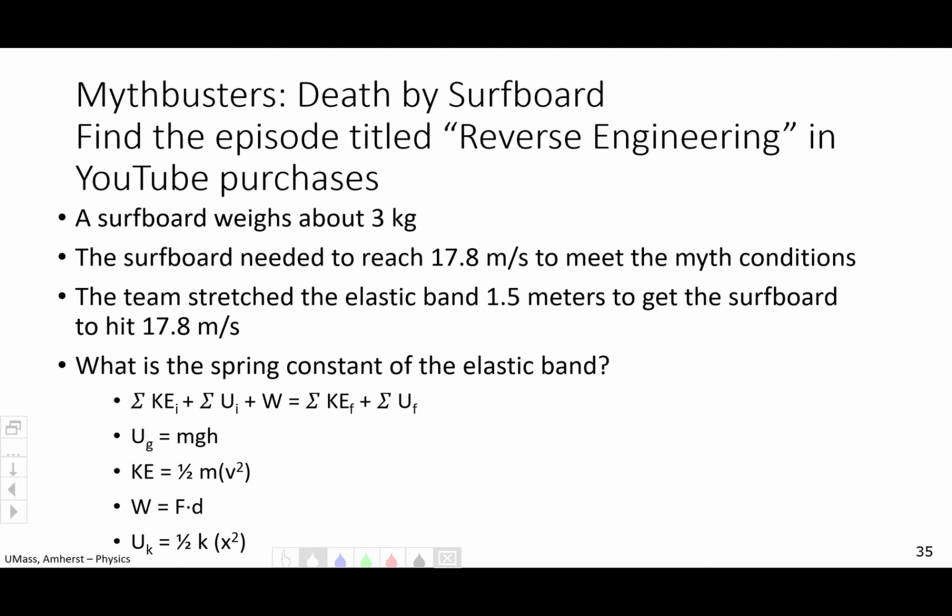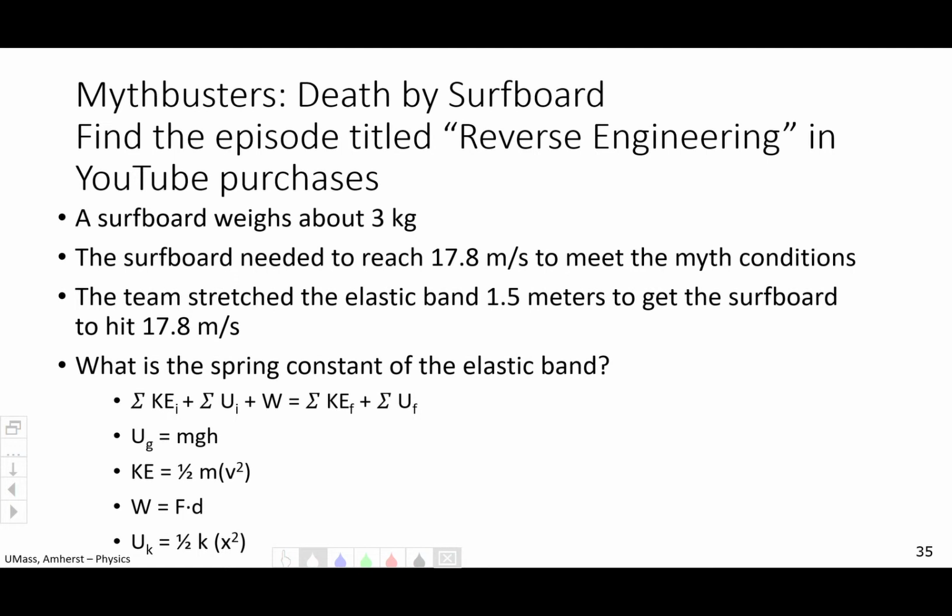A surfboard weighs about 3 kilograms, and the surfboard needs to reach 17.8 meters per second to meet the myth conditions. If the team stretches the elastic band 1.5 meters to get the surfboard to hit 17.8 meters per second, what is the spring constant of the elastic band that they use to fling the surfboard in the myth?